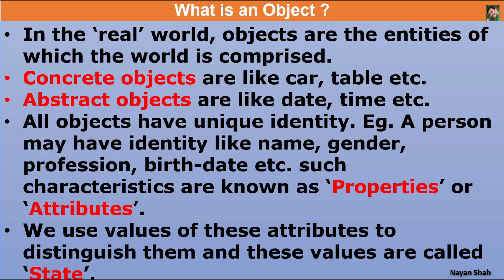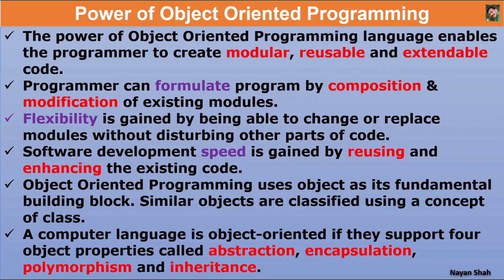And the advantage is that we can make some changes in one module without disturbing other parts of the program or the code. So that is flexibility. Software development speed is gained by reusing and enhancing the existing code. So we get the software development speed because if you want to reuse the same code somewhere else, you don't need to write it again and you can enhance the existing code.